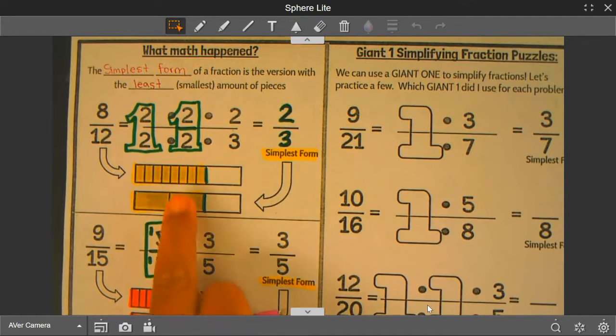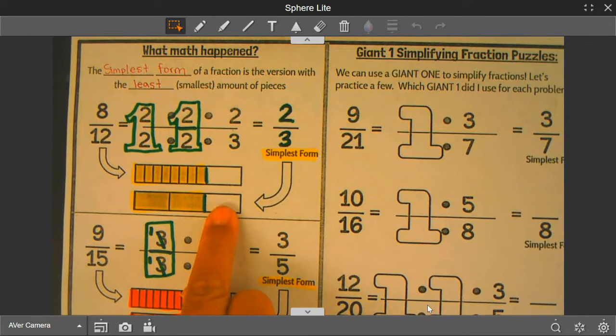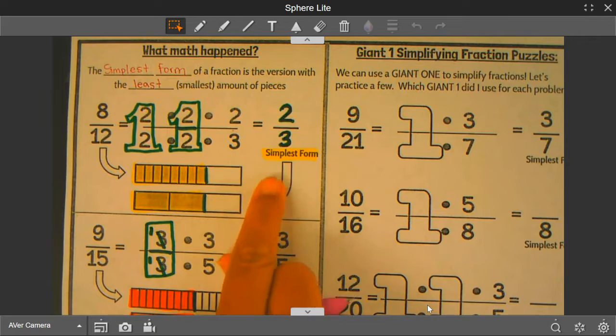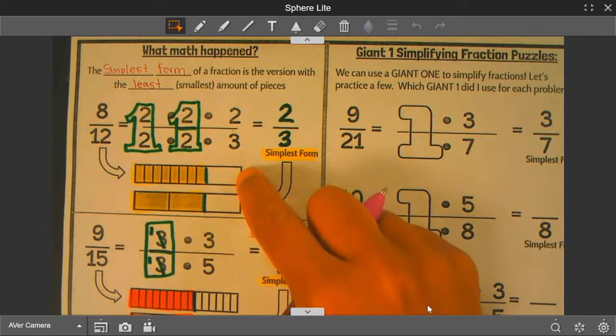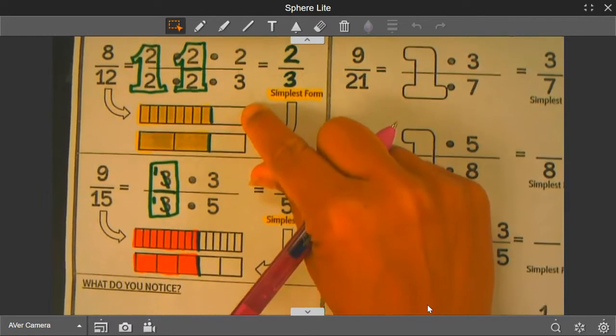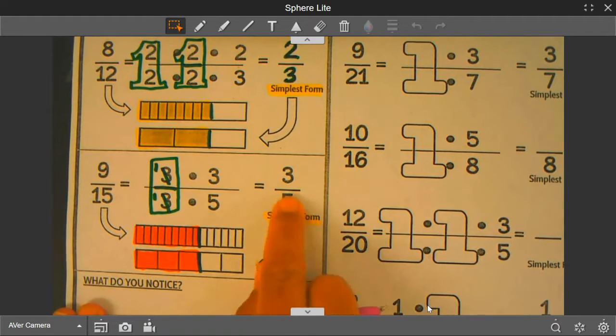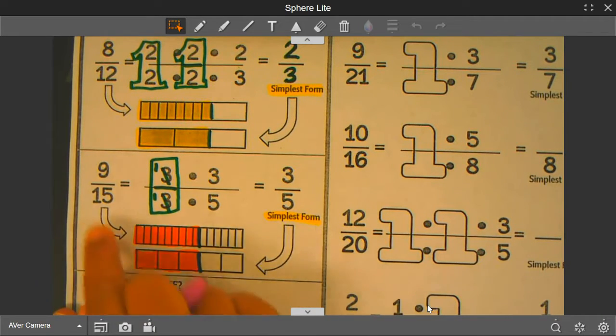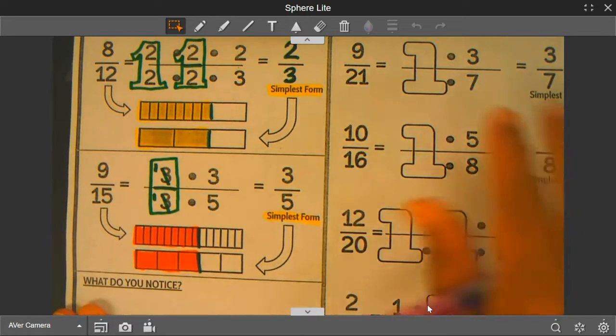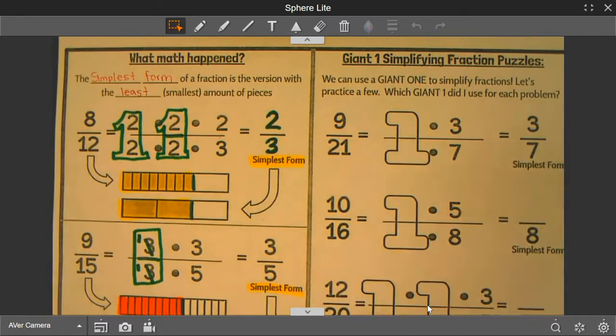So notice 2/3 is the version with the least amount of pieces of 8/12. And 3/5 is the version with the least amount of pieces of 9/15. All right, so that is what simplest form is.